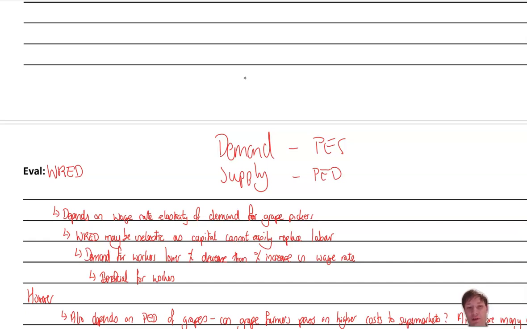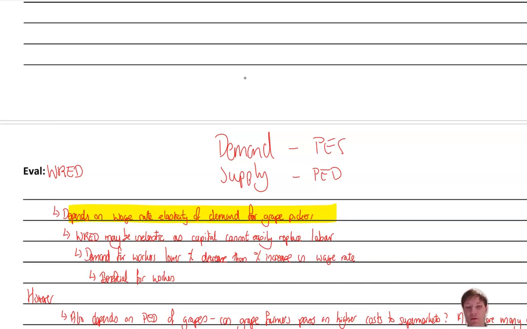So this ultimately will depend on the wage rate elasticity of demand for grape producers, and now you want to show your knowledge of wage rate elasticity of demand. We can say that that could be inelastic due to the fact that we might be hinting that capital cannot replace labour easily.